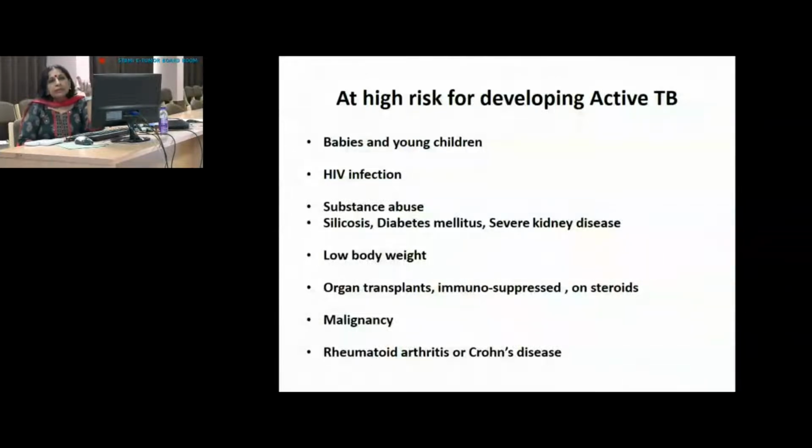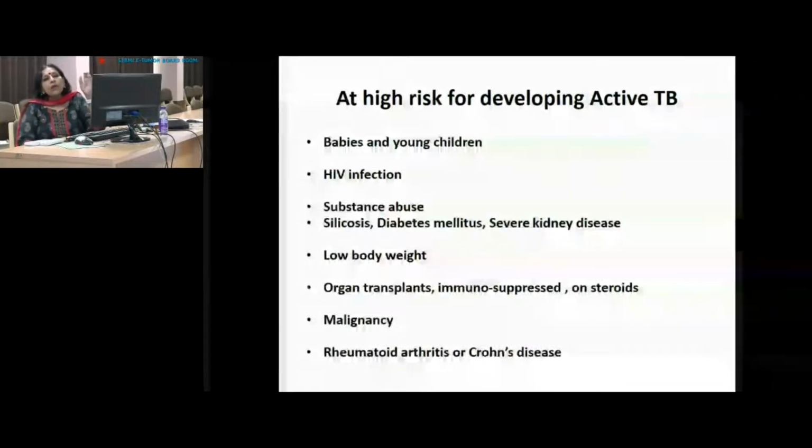Somebody with diabetes, severe kidney disease, or really low body weight, therefore again compromising the immunity. Anyone who has had an organ transplant, or is immunosuppressed for any other reason, is on steroids, or has a malignancy per se and the treatment for malignancy. Both will make a person immunosuppressed.